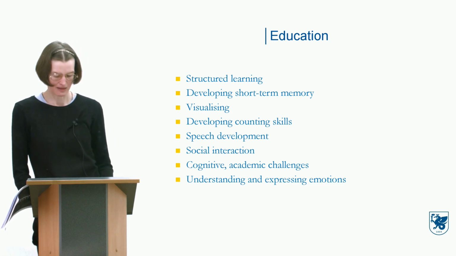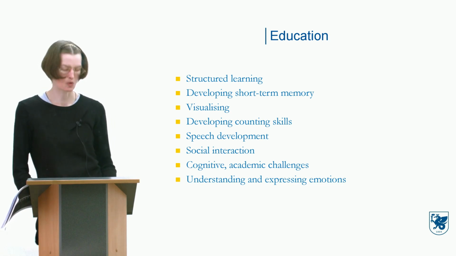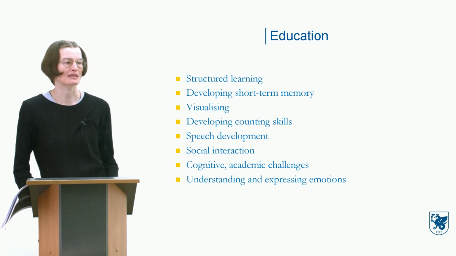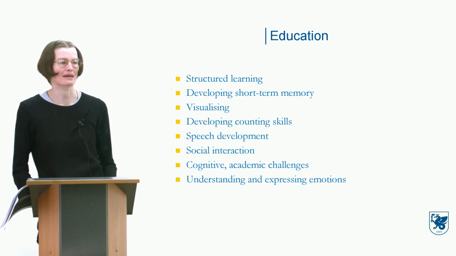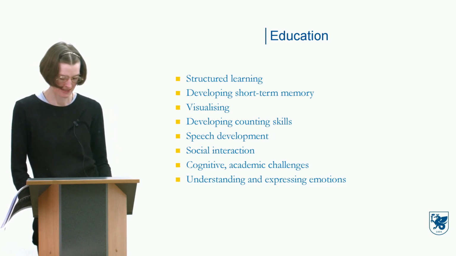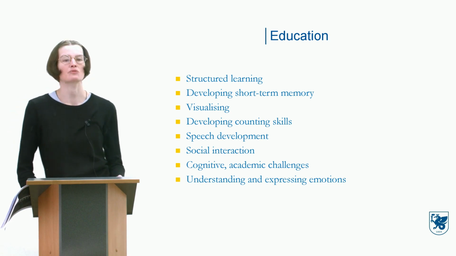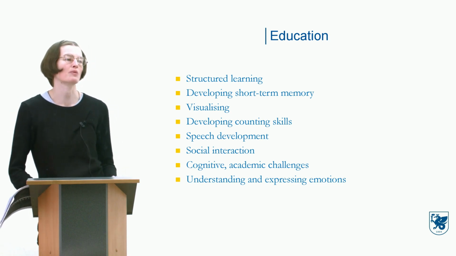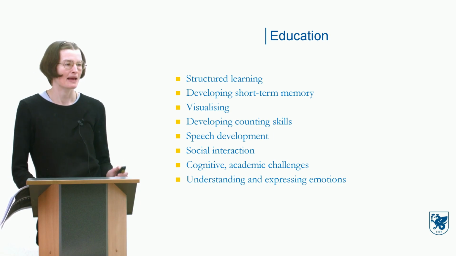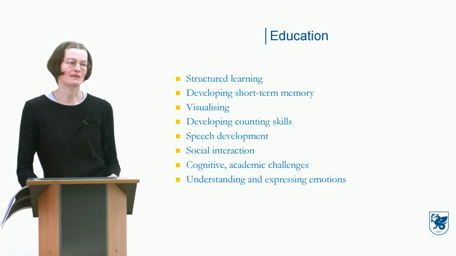They need to develop their speech and social interaction. And as any other children, they have certain cognitive and academic challenges when it comes to education, and still problems in understanding and perceiving other people's emotions.